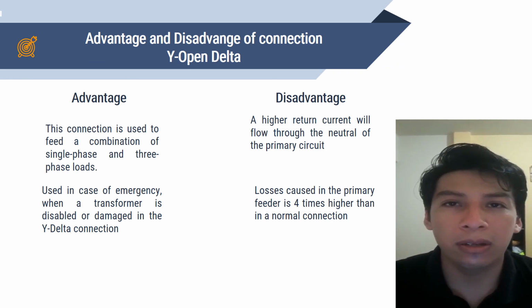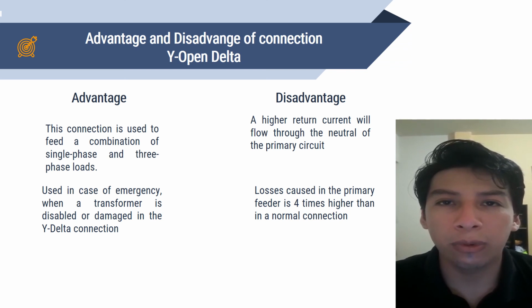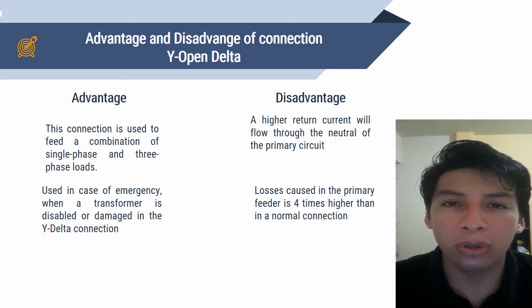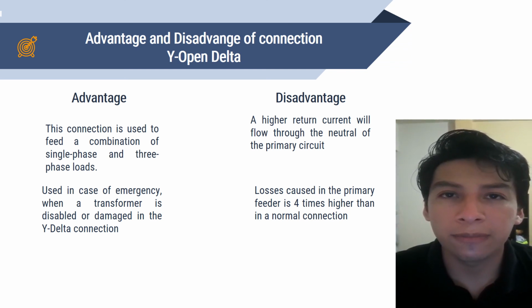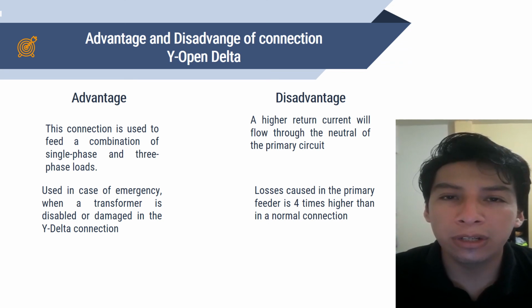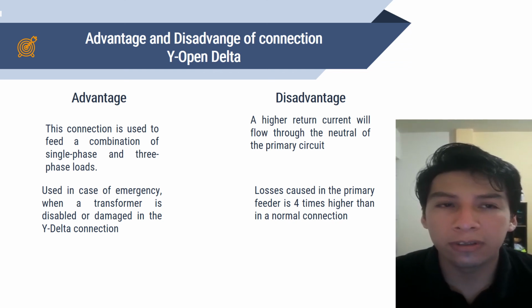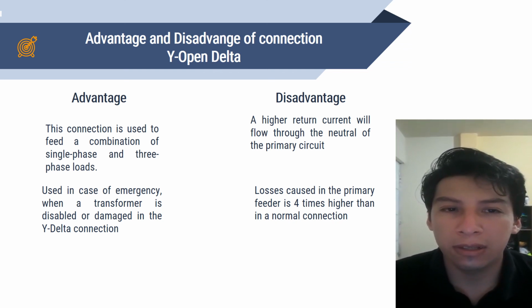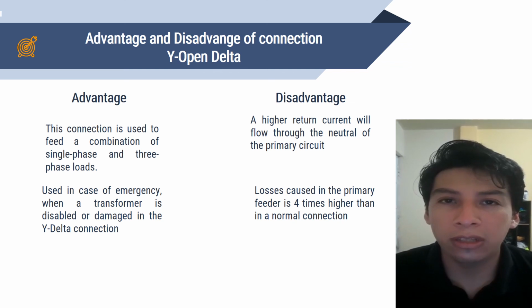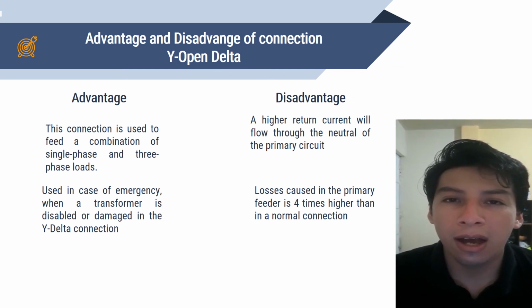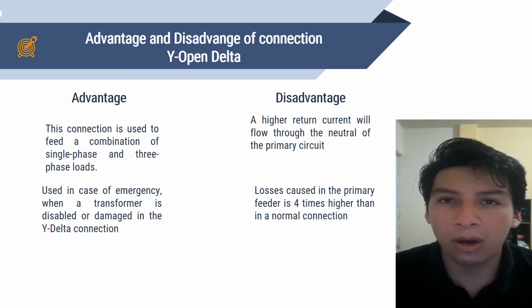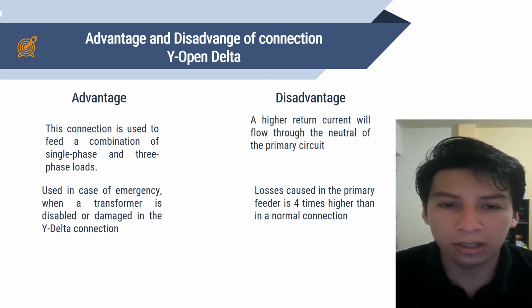Also we know that with this connection we can feed a combination of single phase with three phase loads. We know that in this connection we need just two transformers, so we can save money and don't spend time with other connections that are dangerous.